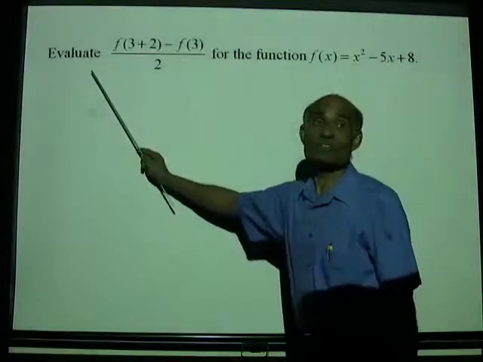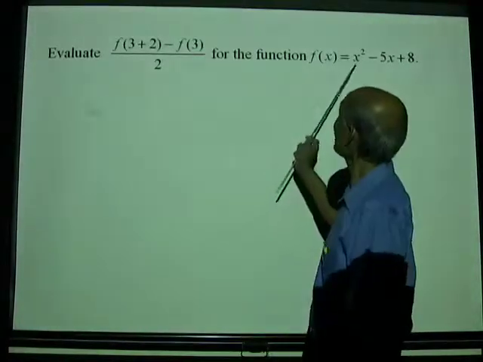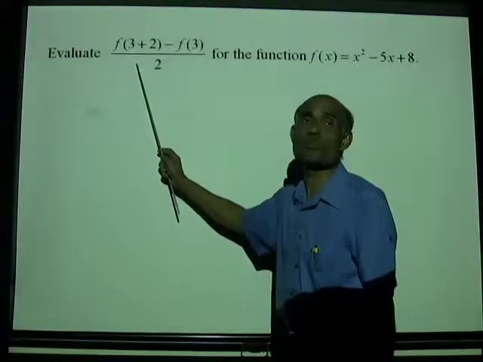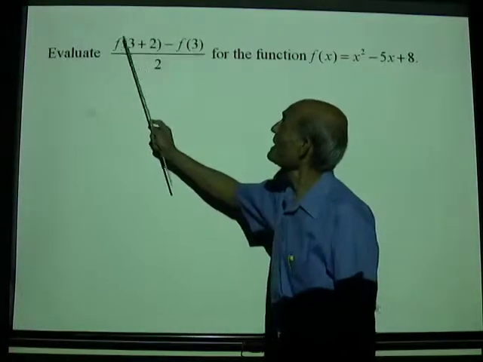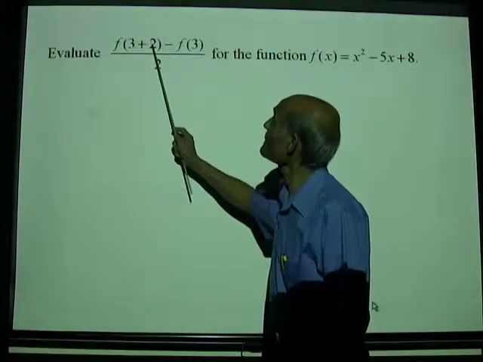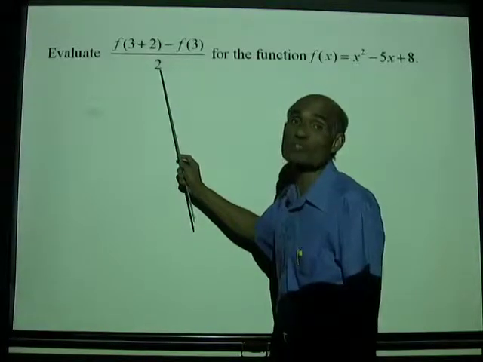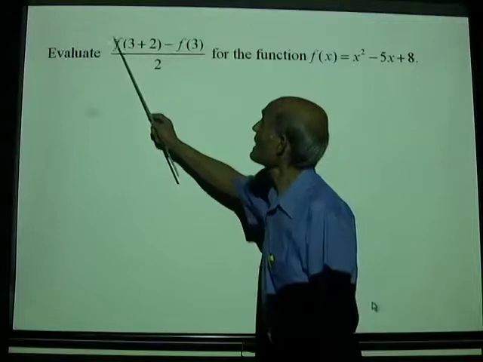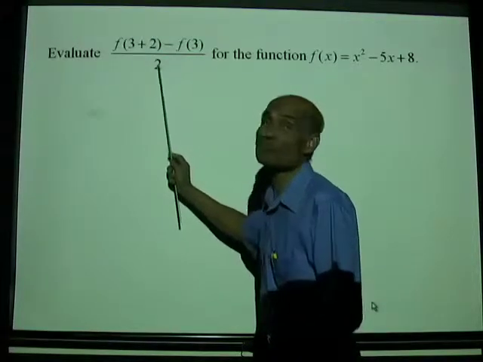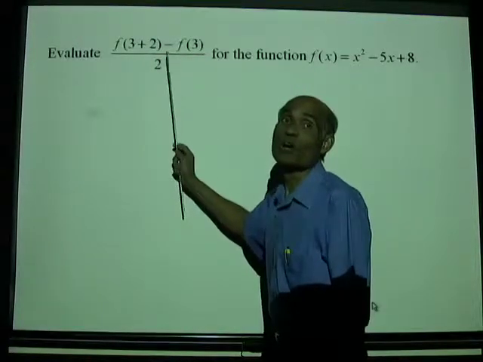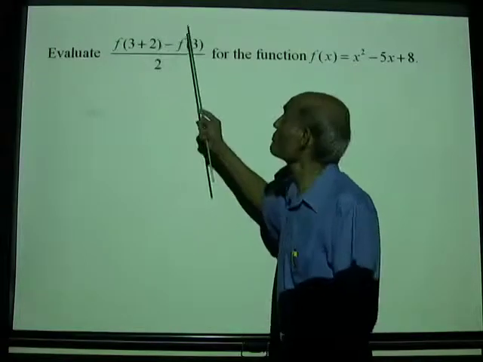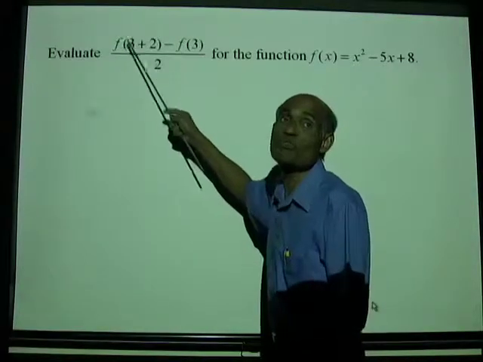All right, I want you to now use a function and calculate this quantity. Calculate f of 3 plus 2 minus f of 3 over 2. In other words, calculate the average rate of change of this function when x changes from 3 to 5.